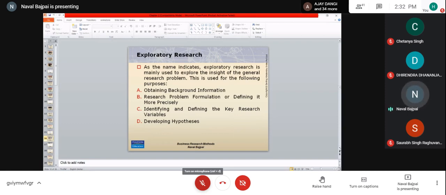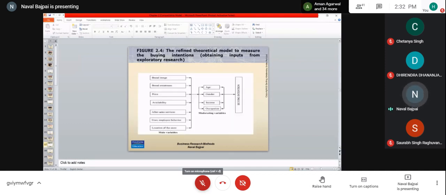But when I apply that in our country, we will have further understanding. So the basic buying intention model is derived from the literature. I would take exploratory research to explore the knowledge further, so that I would be able to define the variables and the problems more accurately.